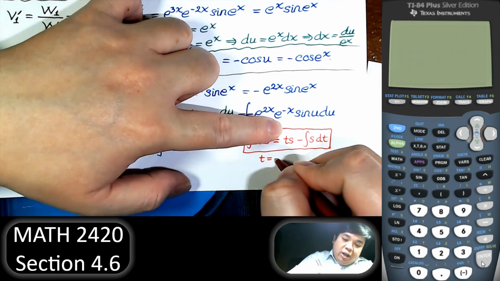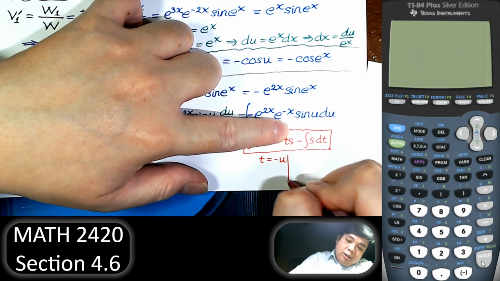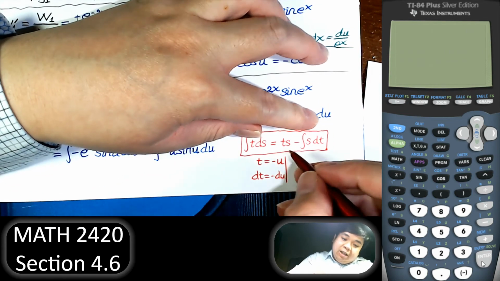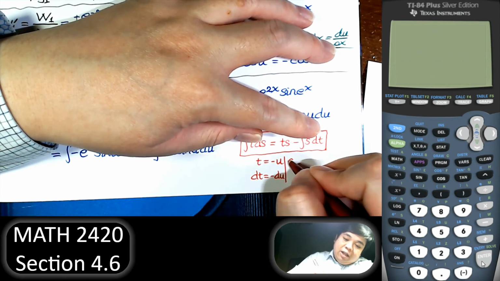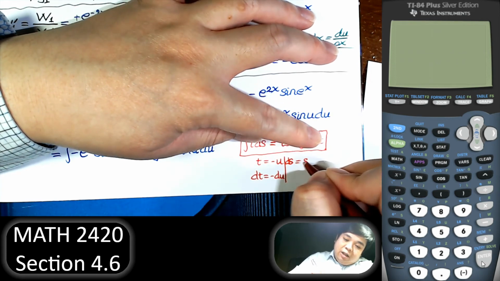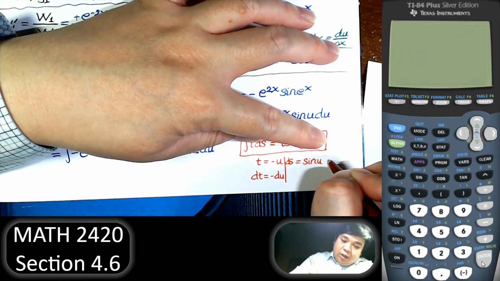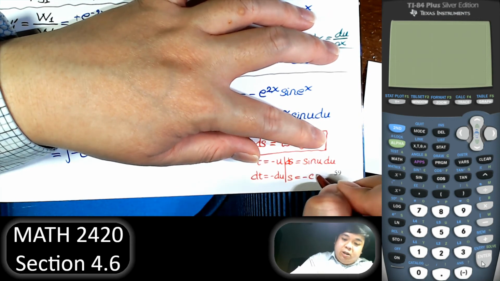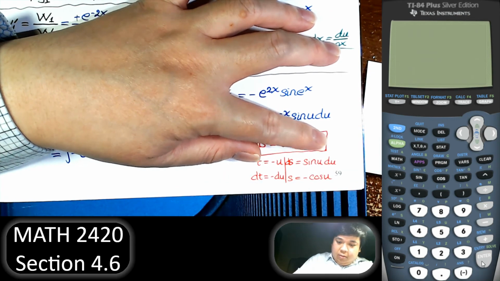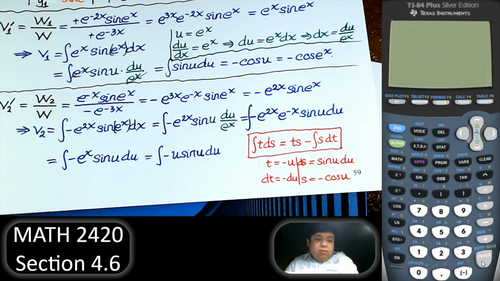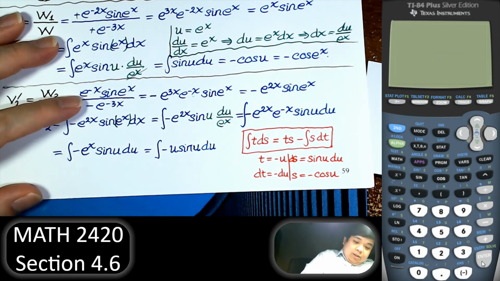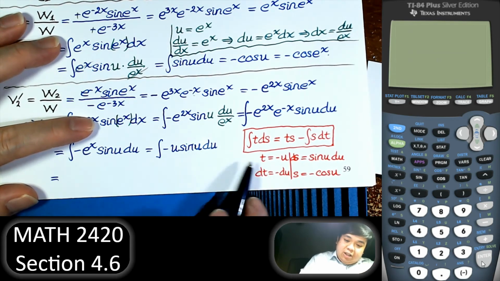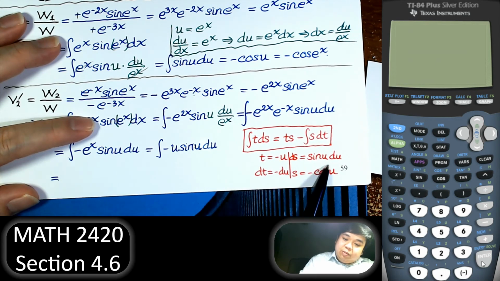If I let t equal to negative u, dt is negative du. If I let ds be sine of u du, then integrate, I'll get s. The integral of sine is negative cosine. So that's what we have. Substitute into our formula for integration by parts, that is equal to ts.